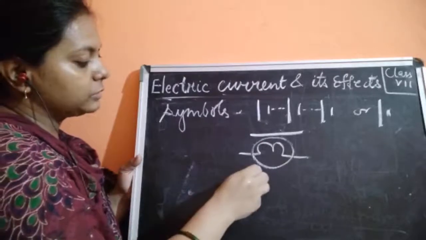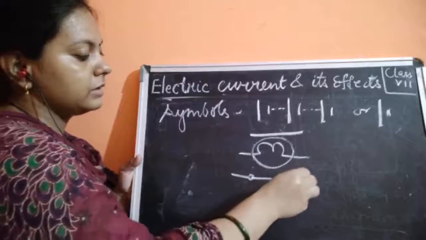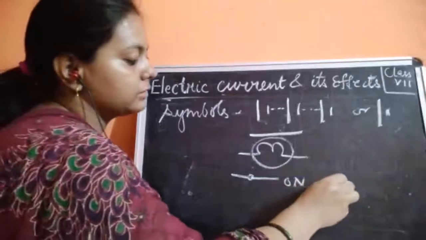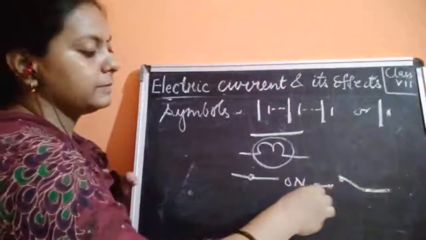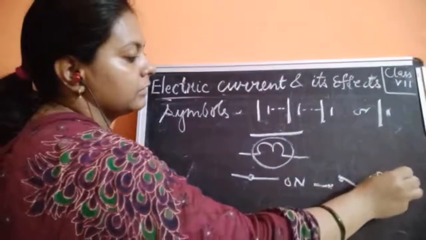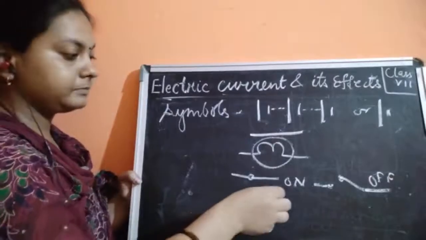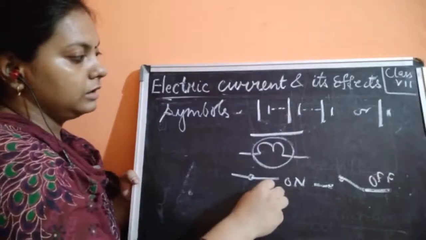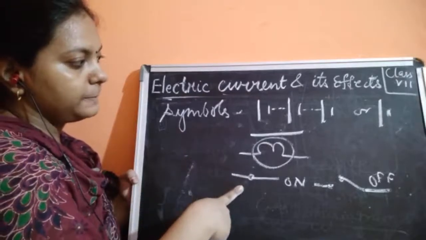Then you will draw a switch. A switch could be a single dot, which is the on switch. And what about the off switch? This is the off switch which breaks a circuit. Then next, what you need to draw was the battery, cell, bulb, switch, wire.